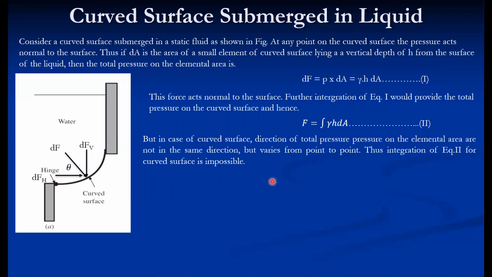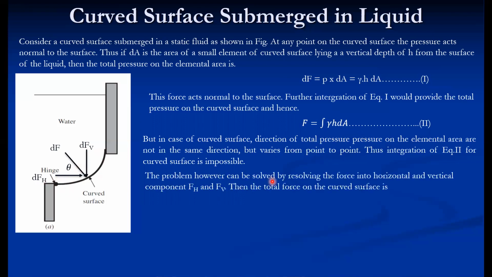to point. Such problems can be resolved by resolving the forces into two components, the horizontal component and the vertical component. The horizontal component is Fh, and the vertical component is Fv.